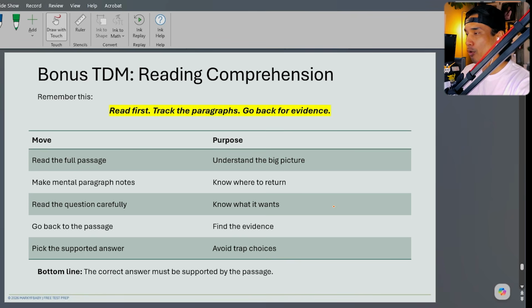This is just an overview, okay? A quick overview of what to go through and what to expect on the test. The bottom line here is the correct answer must be supported by the passage, okay? And again, read the passage first and then go back and then answer the questions.